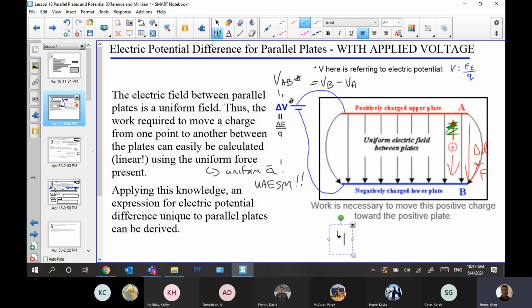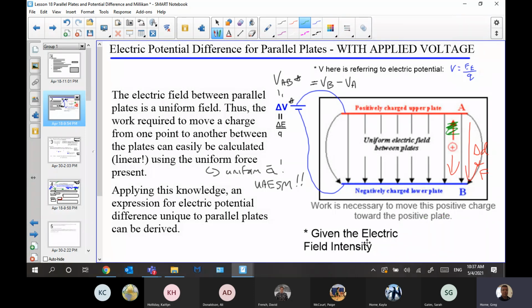Let's say we're given the electric field intensity, which we know, of course, is curly E, i.e., some number in newtons per coulomb.